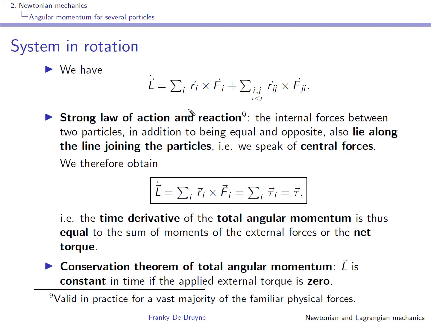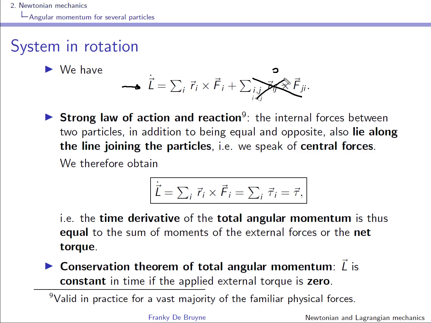We had obtained this formula for the derivative of the total angular momentum, and we have seen in the previous slide that if the forces that are involved here are central, well, we can neglect this term here. Okay, and in most applications, for most familiar physical forces, this term will be 0.